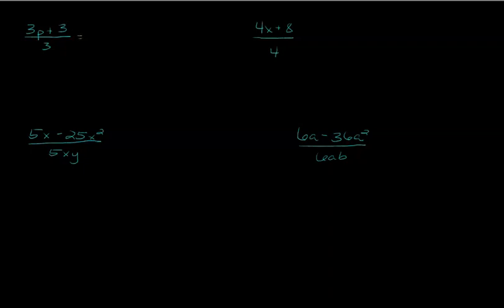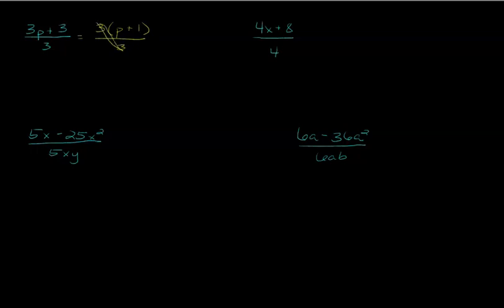All right, so let's factor out the top. What do they both have in common, the greatest common factor? They both have 3. So 3p divided by 3 is going to be p. 3 divided by 3 is going to be 1. So that's what you're left with after you factor on the top, and you have a 3 on the bottom.